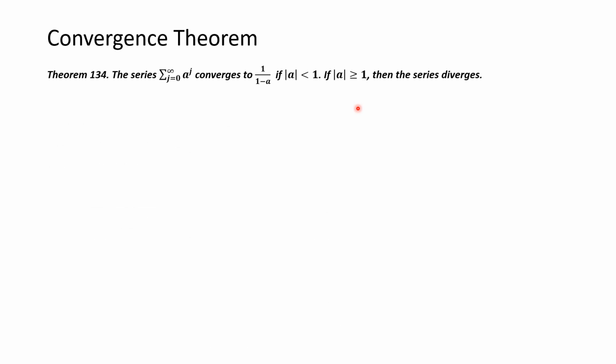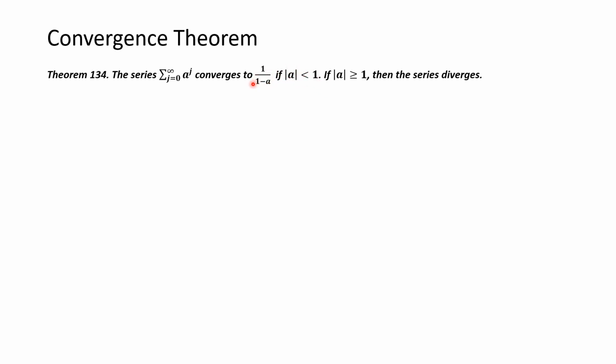We have a convergence theorem here that's similar to the geometric series for real valued series. You notice here we have the sum from j equals 0 to infinity of a to the j, but now a is a complex number, and it converges to 1 over 1 minus a if the modulus of a is less than 1.